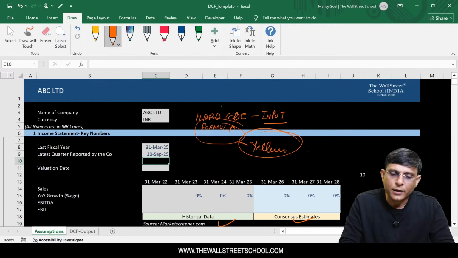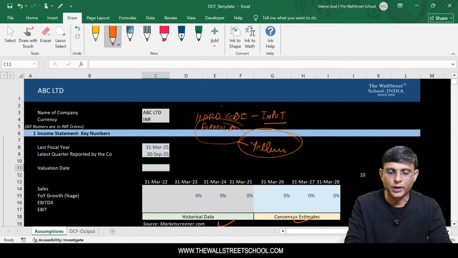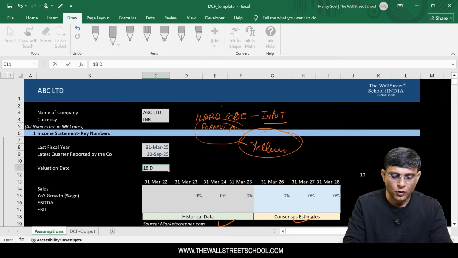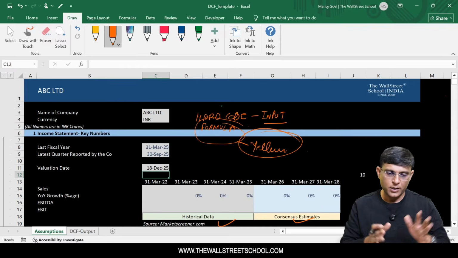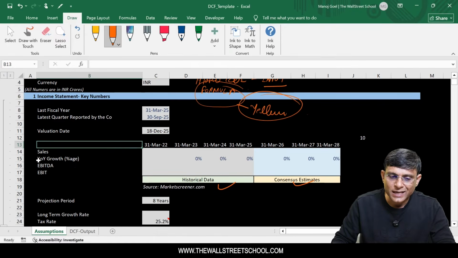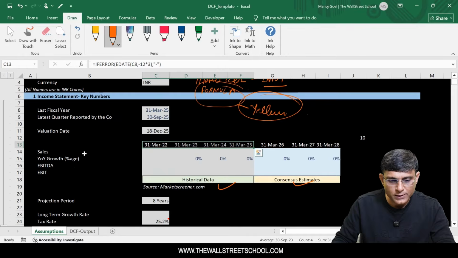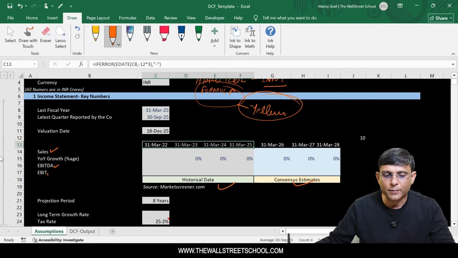Then you need to provide the valuation date, the date on which you are doing this valuation. Because I'm doing this valuation today, 18th December 2025, that's my valuation date. After this, you can see the first set of data, where I'm putting the sales, EBITDA and EBIT numbers.